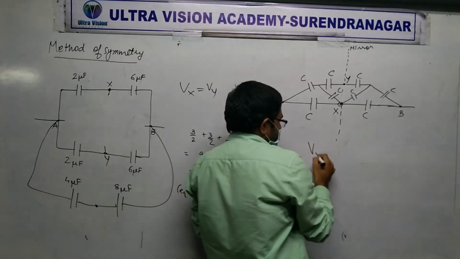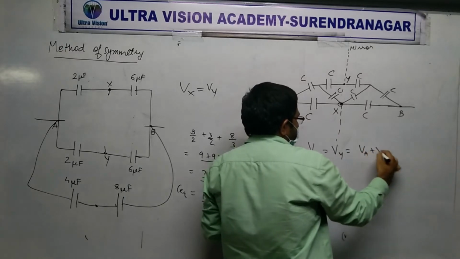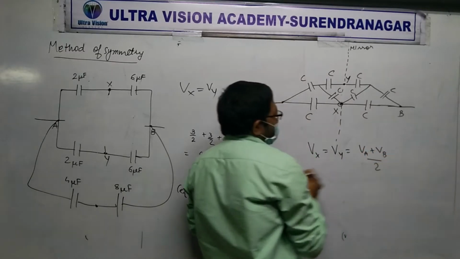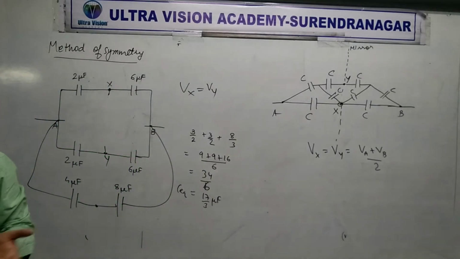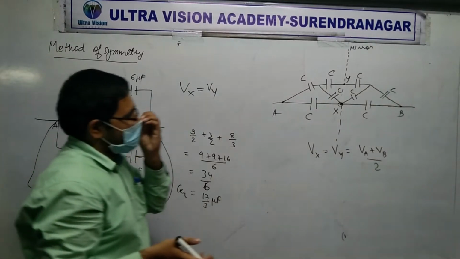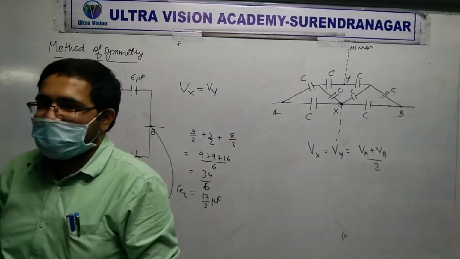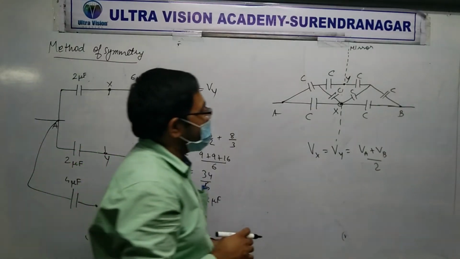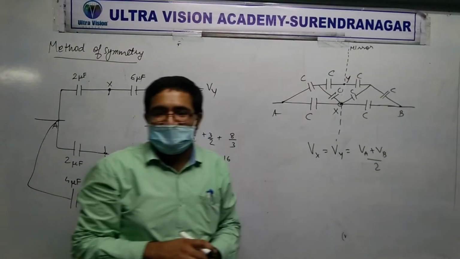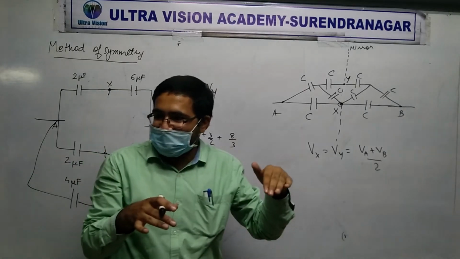That's why Vx will be equal to Vy, which will be equal to the average of A and B because of the symmetry. Right? Okay. So this point must be at half the potential. This point must be at half the potential. Voltage divides in series, correct or not?